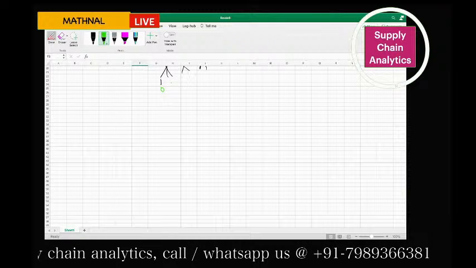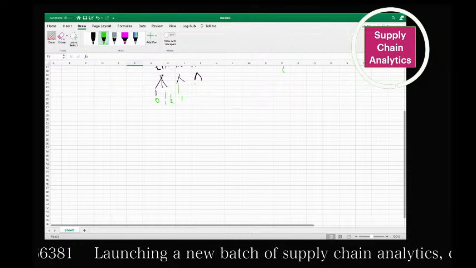In some cases, we will have only one category, 1. In some cases, we will have three categories, 0, 1, 2. This is how the tree structure will be formed.